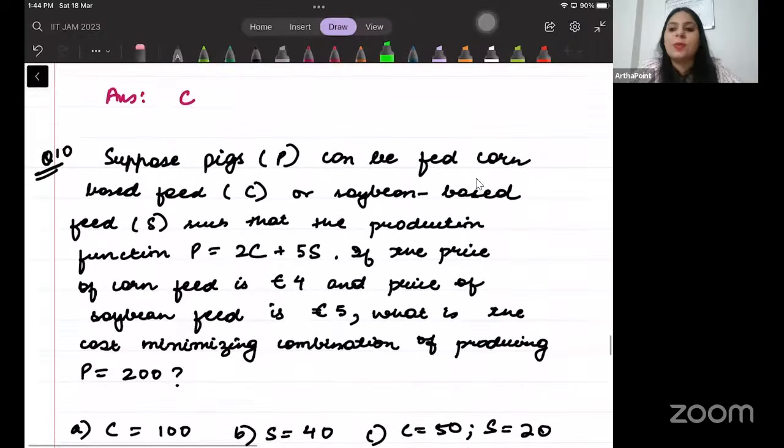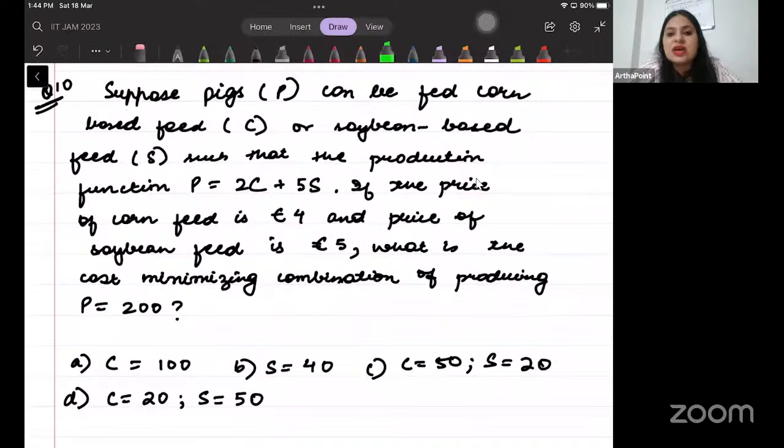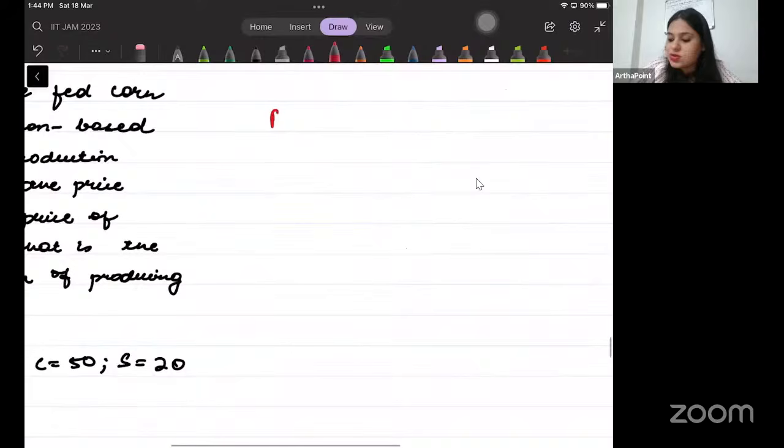This is a good question. It says, suppose pigs can be fed corn-based feed or soybean feed such that the production function is P equal to 2C plus 5S. This is your production function. Note that this is a linear production function.